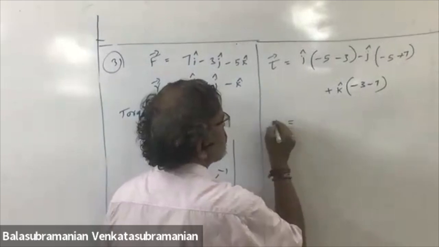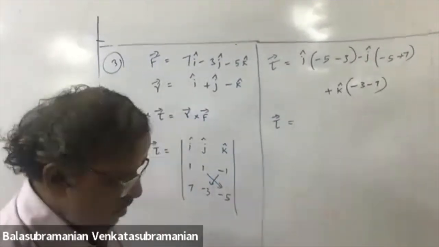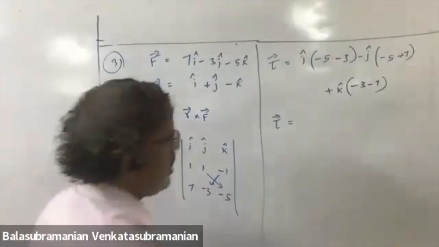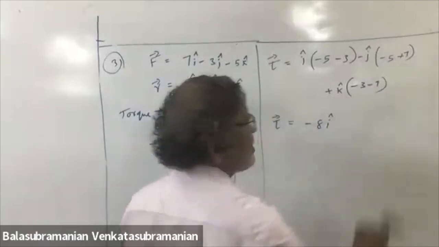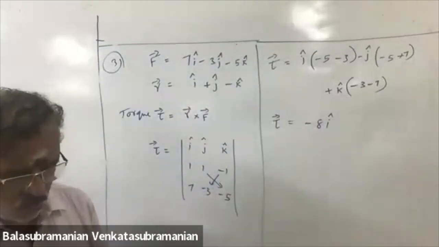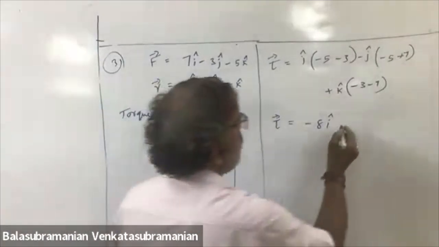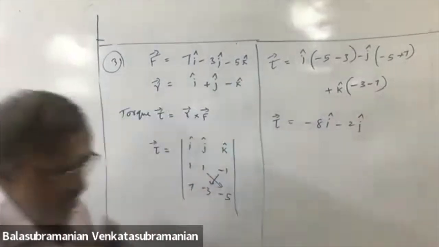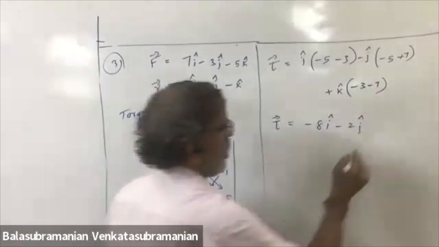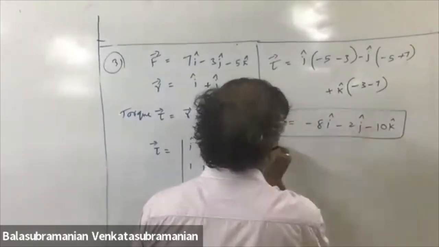So we can write minus 3, minus 5, that is minus 8. Minus 8 i cap, minus 5 plus 7, that is 2. Outside we have minus, so we have to put minus 2j, minus 3, minus 7, that is minus 10k. This is torque.